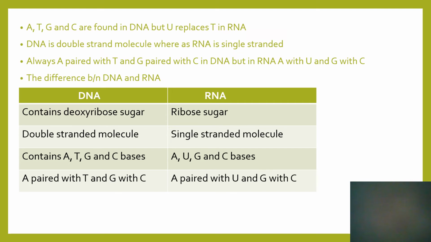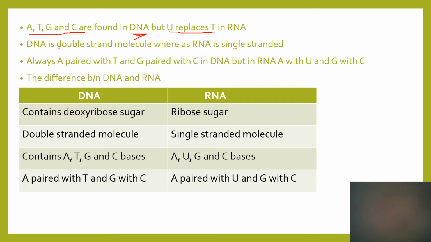These 4 nitrogenous bases are found in DNA. Adenine, thymine, guanine, and cytosine are found in DNA, whereas uracil replaces thymine in RNA. Therefore, RNA contains adenine, guanine, cytosine, and uracil bases.